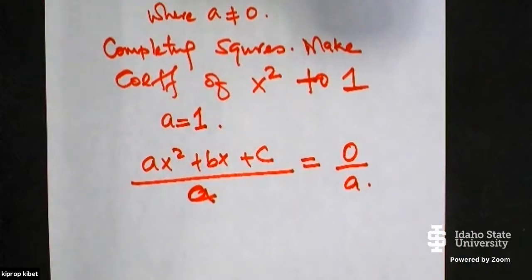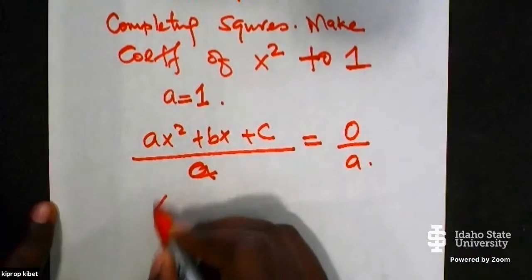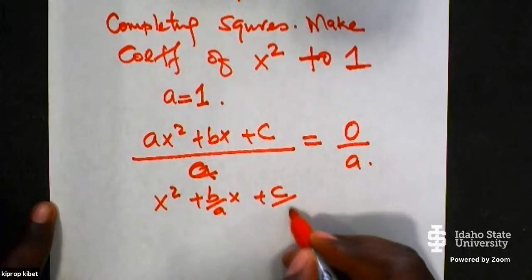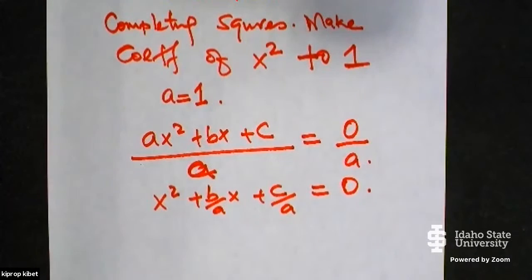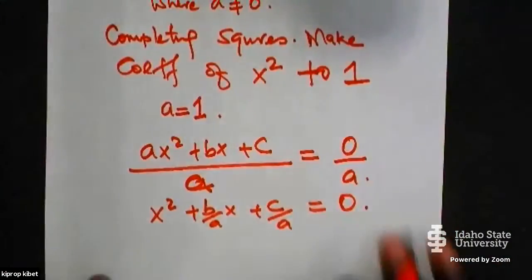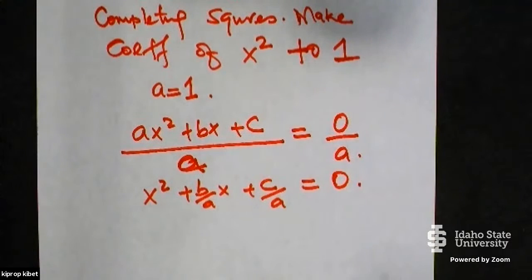So what you do here, you must do on the other side. Okay. So when you divide everywhere by a, then you get x squared plus b over a x plus c over a equals 0. Then after doing that, the variables you put on one side, and the constant you put on the other side.